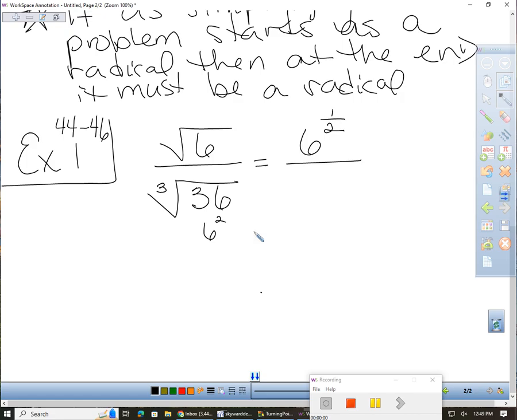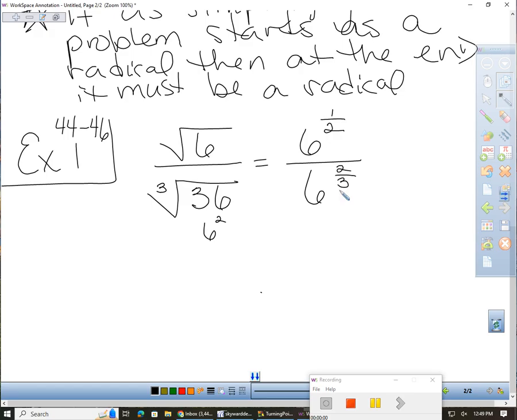Okay, so we can rewrite this as 6 to the power over root. Okay, so what if you didn't know? Can you just write it as is, like with 36 or no? Well, you're going to have to break it down in order to do anything else with it.